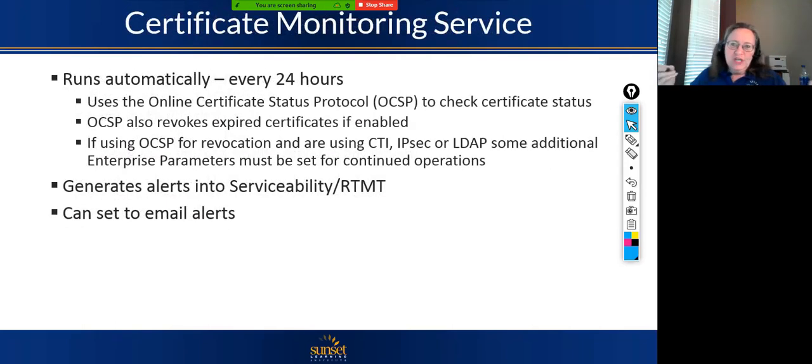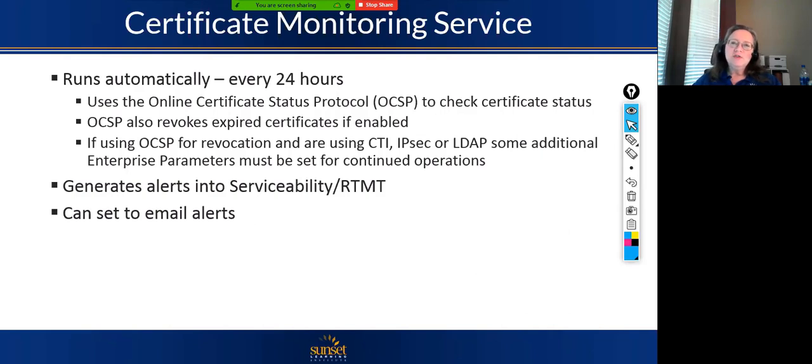So, I have all these certs out there. Some of them are CA signed, some are not. It would be lovely if I could check in and be told perhaps that I'm going to have a certificate that's going to expire. Yes, there is a certificate monitoring service. It is a network service. It's on by default. You can turn it off. Don't do that.